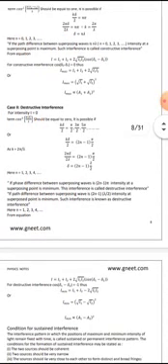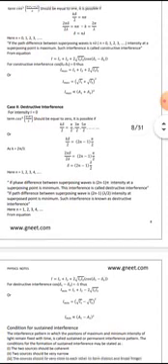In case of destructive interference, we get half the phase difference equal to pi by 2, 3 pi by 2 and 5 pi by 2, and it keeps on going. So 2 pi times path difference by 2 lambda is equal to (2n minus 1) pi by 2.